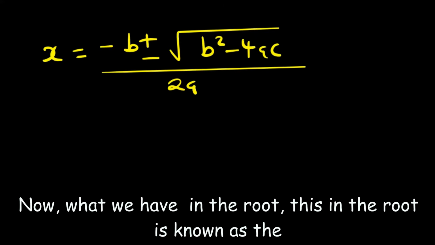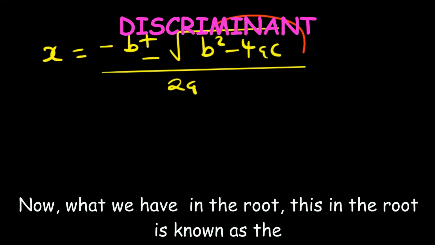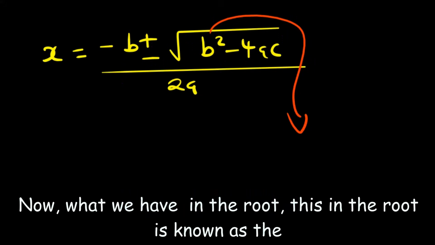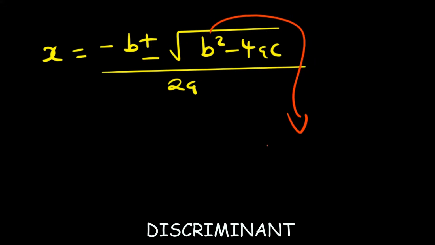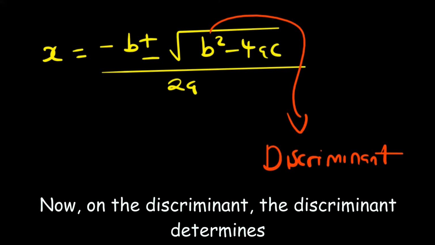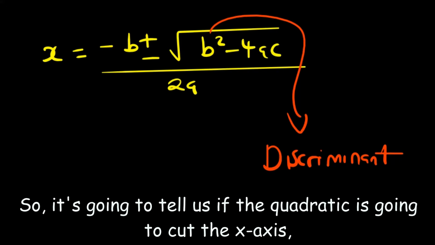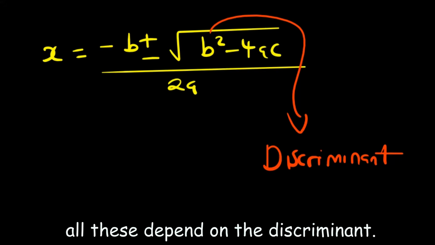What we have in the root here is known as the discriminant. The discriminant determines how the quadratic function is going to move. It tells us if the quadratic is going to cut the x-axis. All these depend on the discriminant.